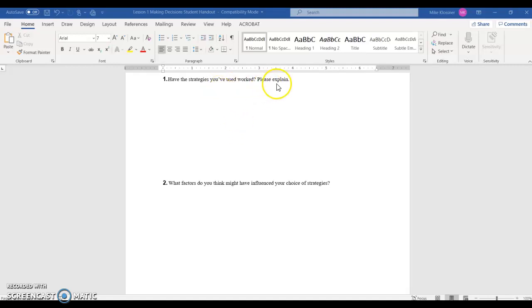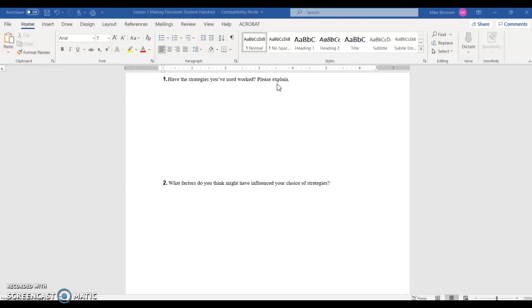And again, for number 1, explain. Don't just say, I use this strategy. Say, I use the spontaneity strategy because in this way, and then you're going to explain it. Maybe you bought something on impulse, and that was your strategy.